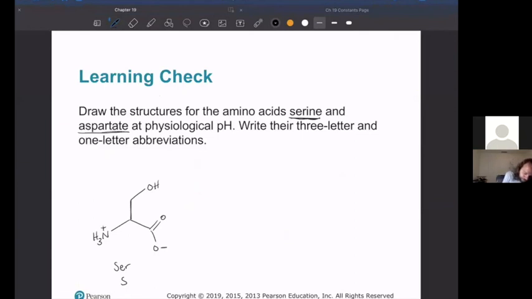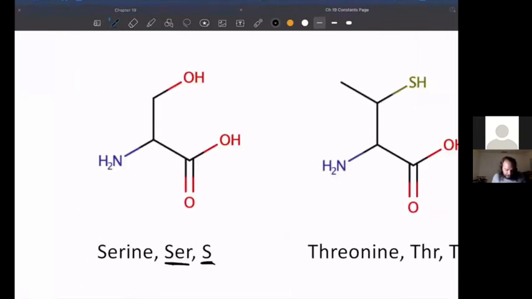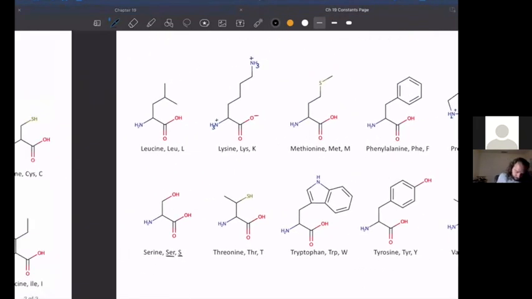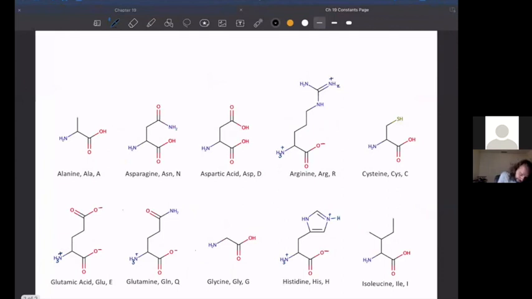Now, aspartate, so this is another one. Remember when we saw glutamate, it was actually glutamic acid on our constants page. We're going to have the same thing here. Aspartate is actually aspartic acid on our constants page. So these are the two acidic R groups that you need to know.